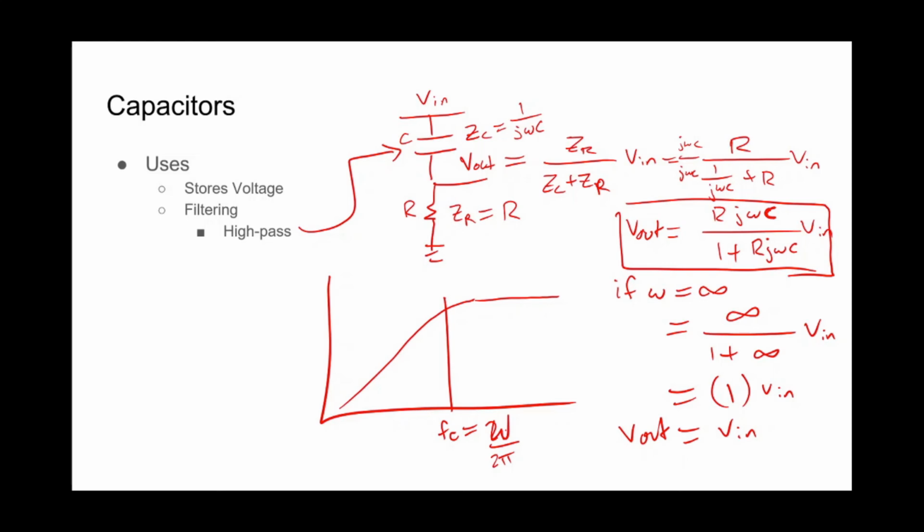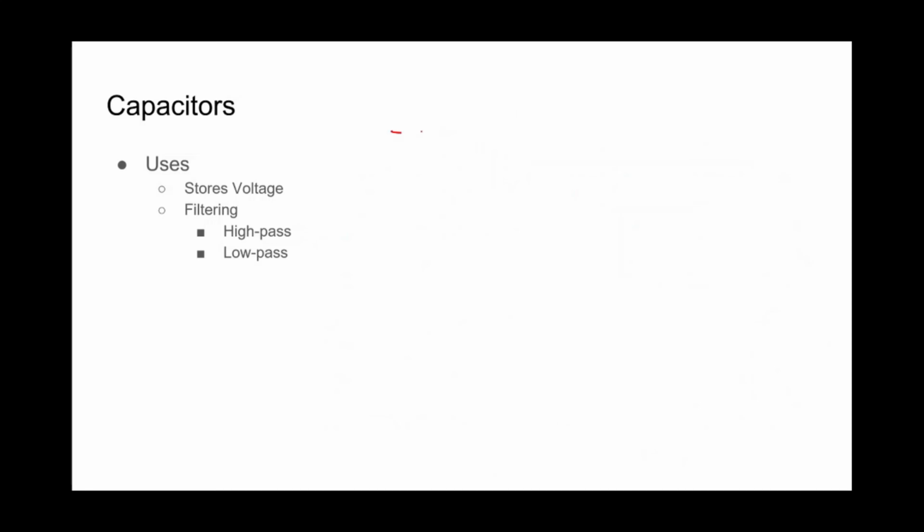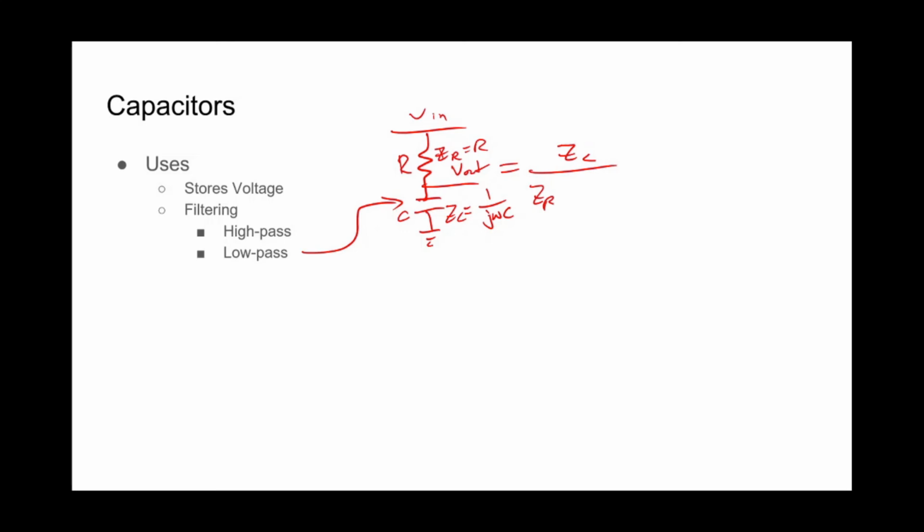Okay, so let's talk about low pass filters. We're going to switch positions: the capacitor is underneath and the resistor is on top. So we have V out, C, R, and V in. The impedance Z sub R equals R, and Z sub C equals 1 over j omega C. And V out equals, this time, Z sub C over Z sub R plus Z sub C times V in.